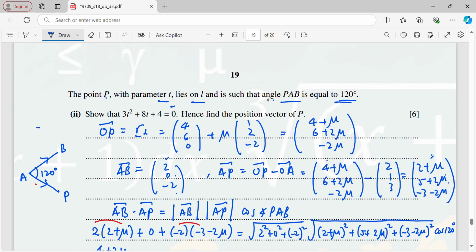Oh, wait. Okay, now P with parameter T. Okay, so it means that I cannot use mu. I have to use T, parameter T. Sorry. So this is T. So all of this you must change to T. Otherwise, you won't get T later on. So I change to t first.